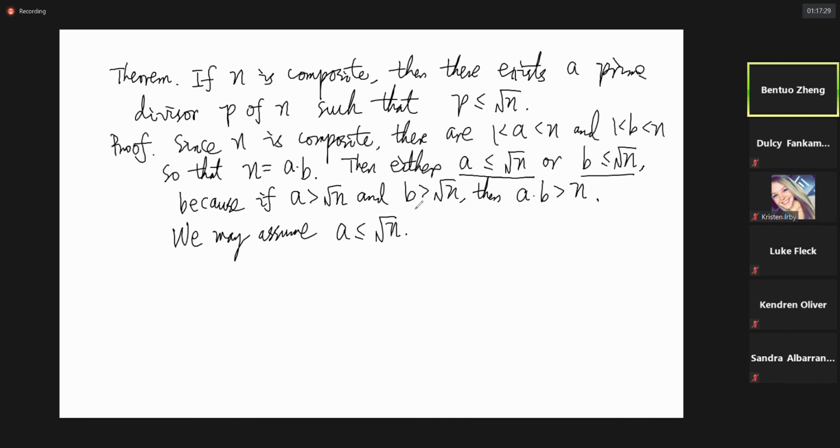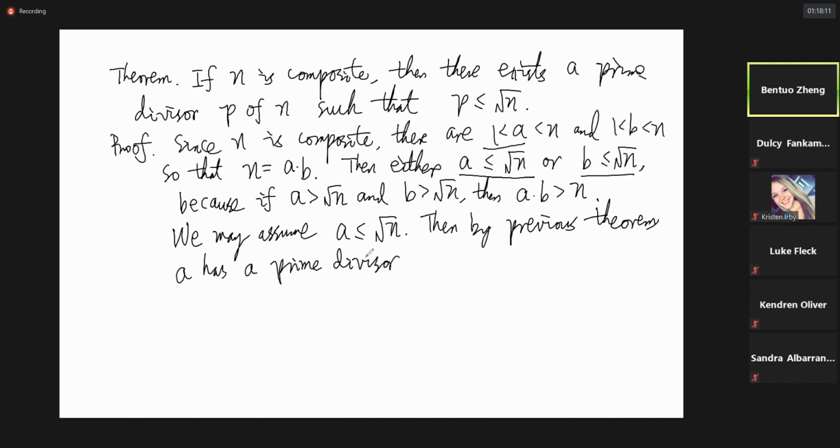Now, since a is less than or equal to square root of n, and also a is greater than 1, then by the previous theorem, any number greater than 1 would have a prime factor. Then a has a prime divisor p.